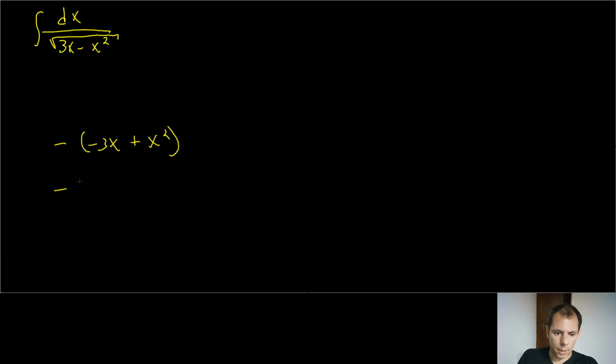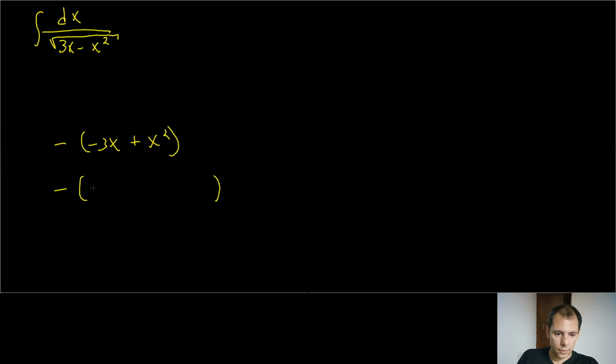So it's going to be minus, and let me do this the whole way. So it's going to be 3 divided by 2, and the square of that is 9 divided by 4.